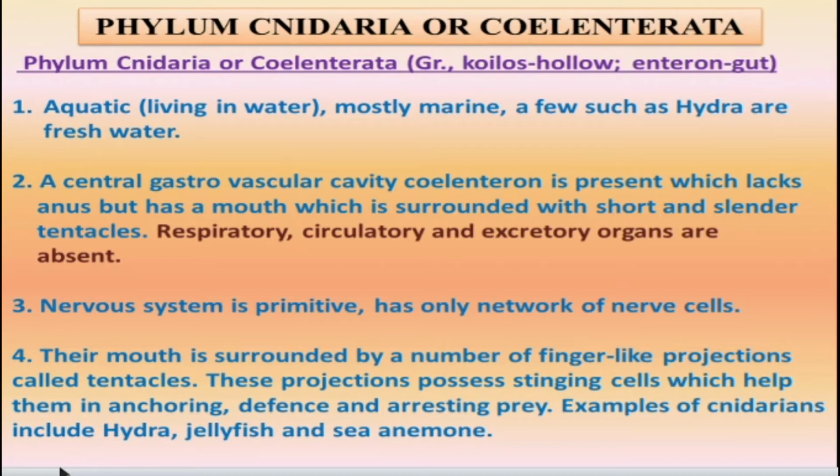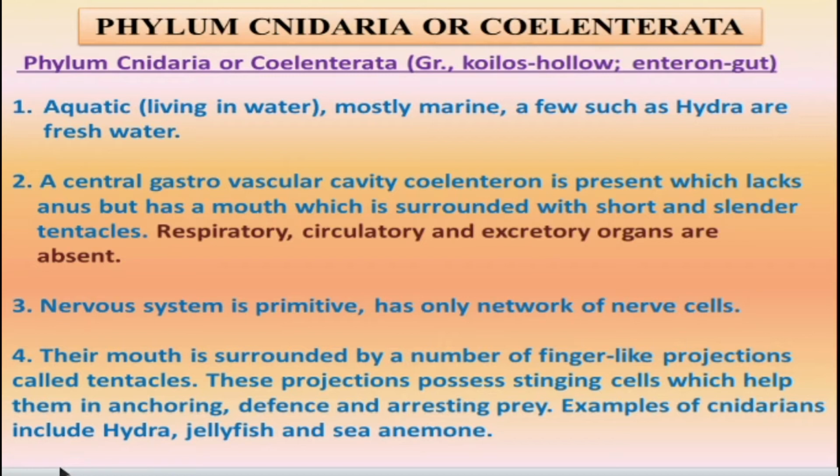Here also the central part looks like a cavity called the gastrovascular cavity, and the anus is absent. It has a mouth, and that mouth is surrounded by short and slender tentacles.